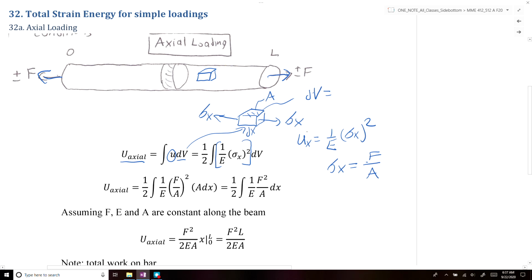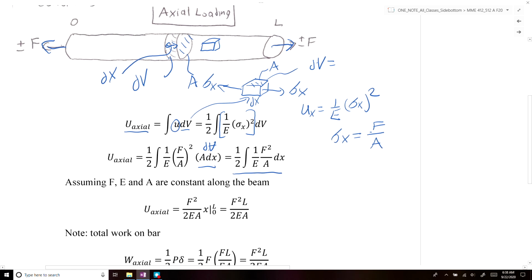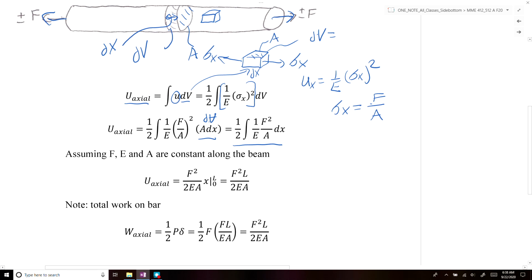My apologies, here, this is dV, where we have a constant area, and then the differential distance is dx. So if we plug in our terms here, we end up getting this equation for our integral for the total strain energy in the axial direction.